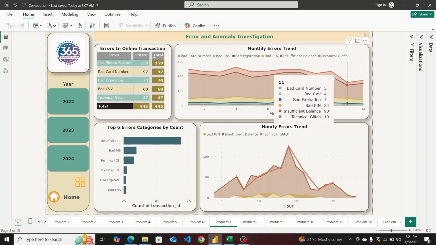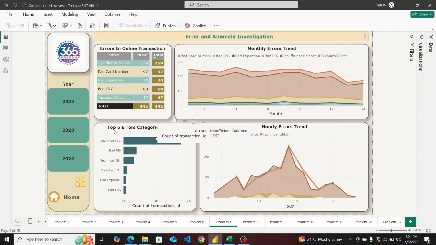After the 10th month, or after October, the counts decrease. These are the top 6 error categories by counts, and insufficient balance occurs the most. After that, bad PIN occurs. Next is the hourly error trend.